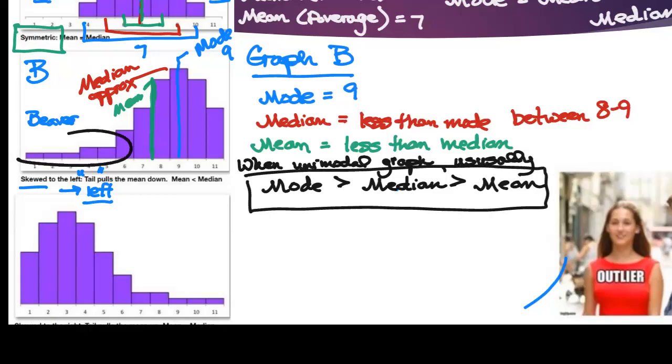So this tail is not only pulling the median down a little bit, it is really affecting the mean. It's really affecting the whole average. Okay?